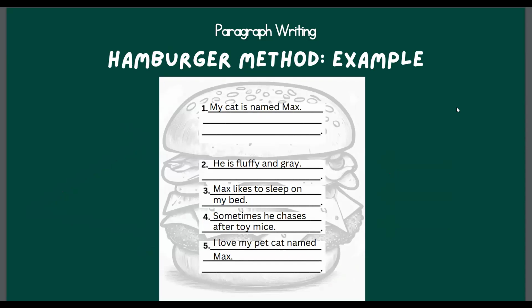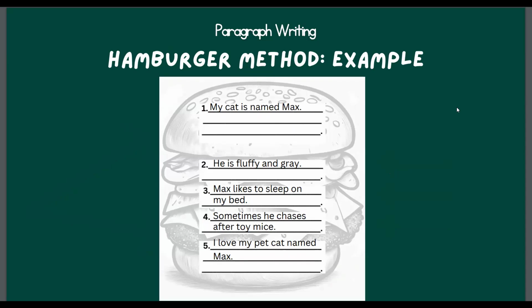All right, let's take a look at an example. And this paragraph is going to be about my cat. Number 1, remember, is the introductory sentence. It's going to tell what this is about. My cat is named Max. Now remember, there will be 3 detail sentences next. They're going to tell about the topic.